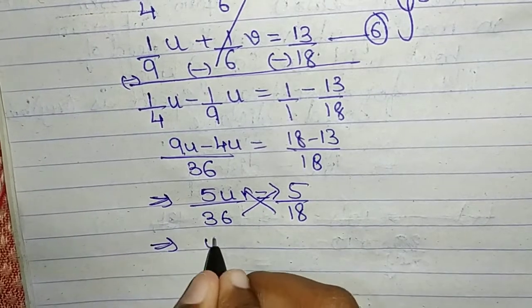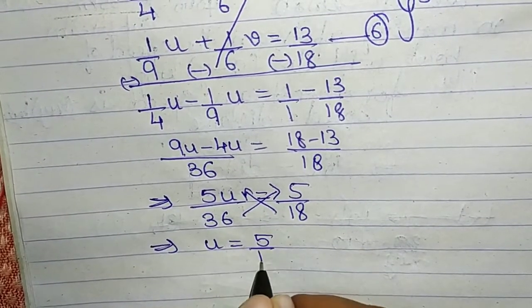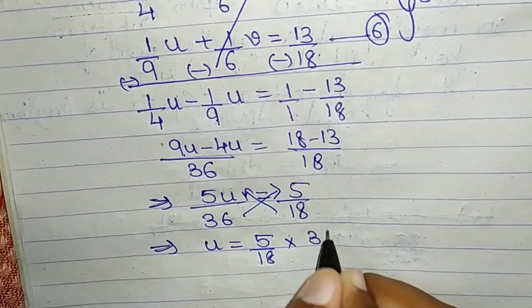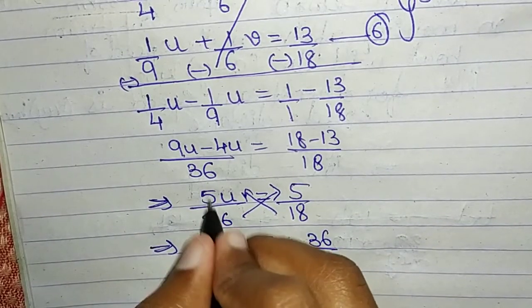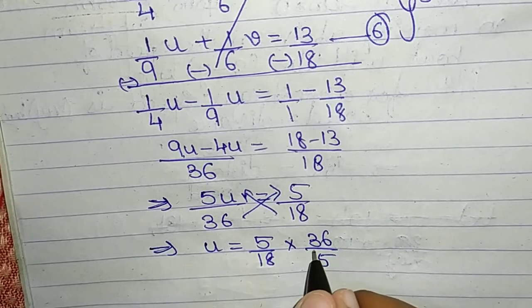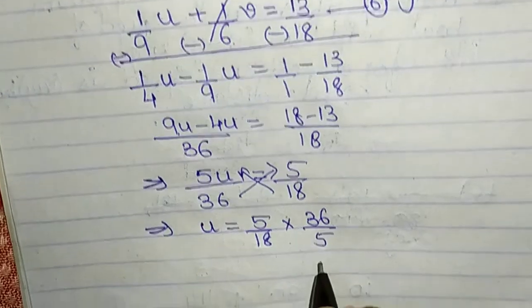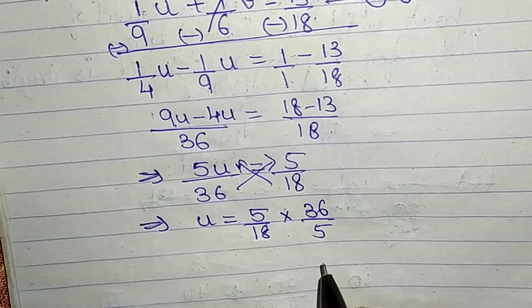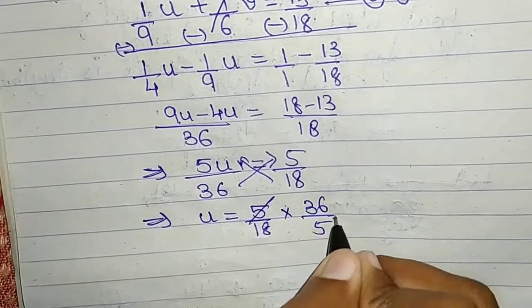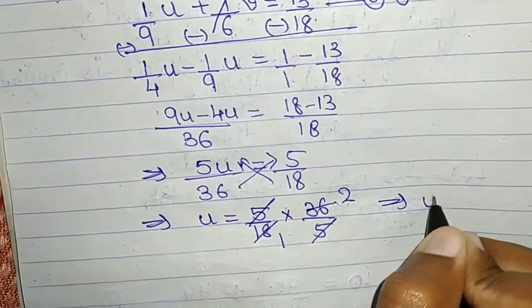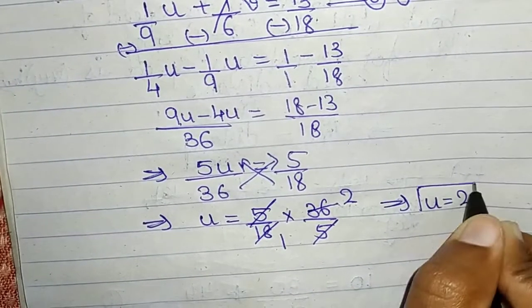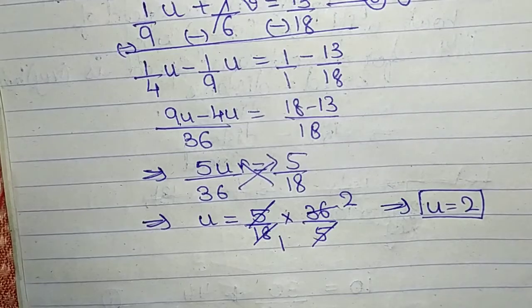You will get u is equal to 5 by 18 into 36 by 5. Since u is multiplied by 5 by 36, on transposing it will become 36 by 5, because it will be divided, then you will have to flip the fraction, all the basics. 5 cancels out, 18 ones are 18, 18 twos are 36. This implies u is equal to 2. This is your first result.